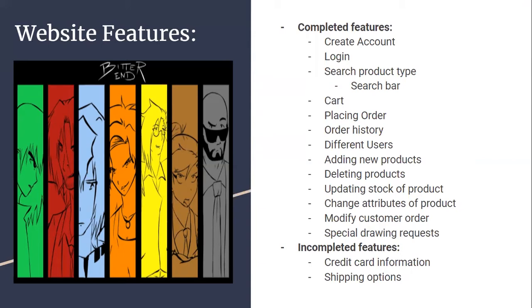Owners can add new products, delete products, update the stock when new shipments are added. The attributes of a product can be changed. You can modify customer orders if they didn't want a particular item and they didn't realize until too late.